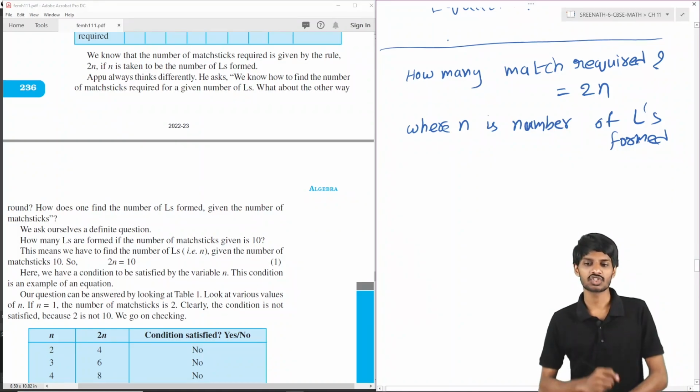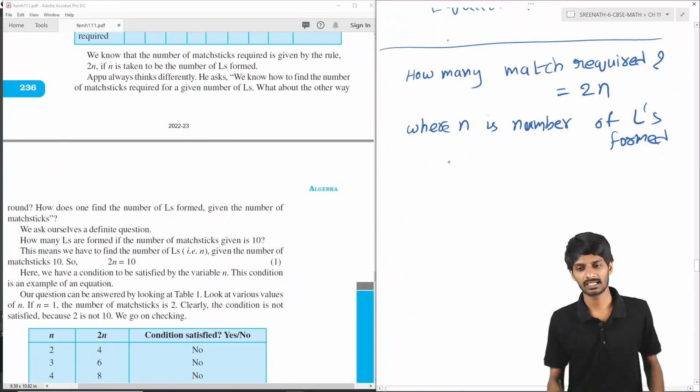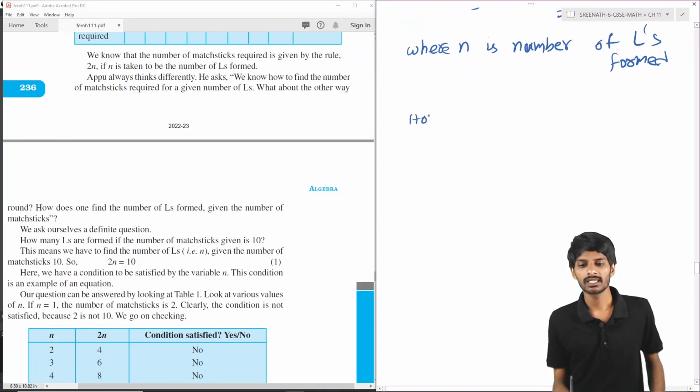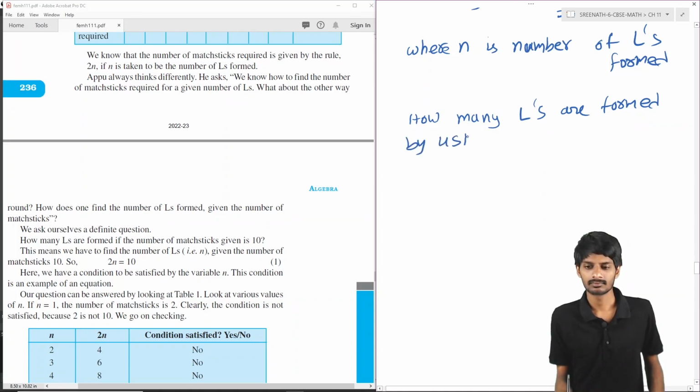So here she asks quite differently. How many L's are formed by using 10 matchsticks?